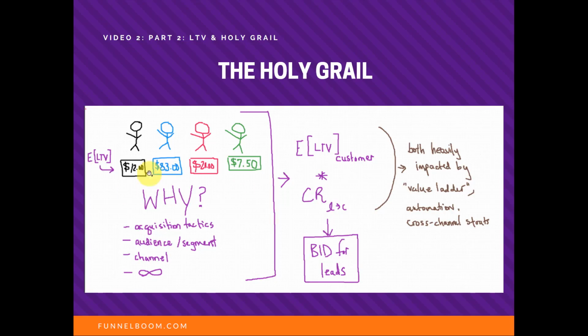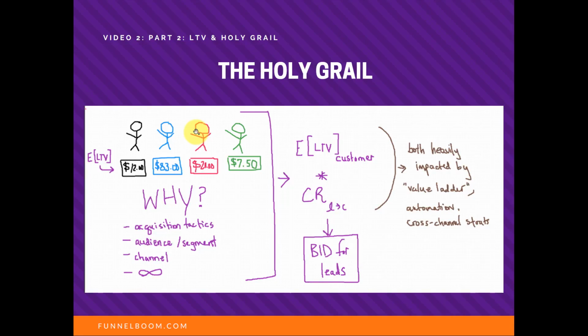So in my chart here, and I know this might get a little bit mathy and complicated, I've got 4 people, and they're representing different segments. So as I was mentioning earlier with LTV and why average LTV can be somewhat dangerous, there's going to be segments of people who are going to be worth a lot more than other segments of people.